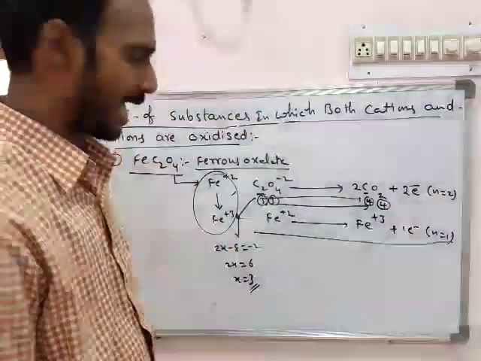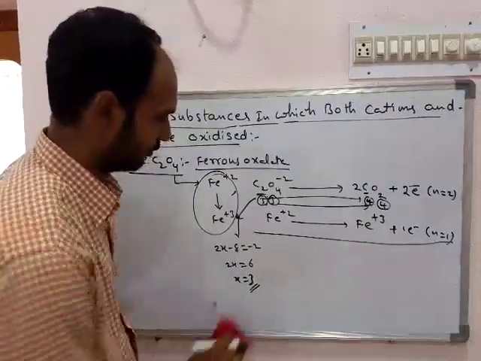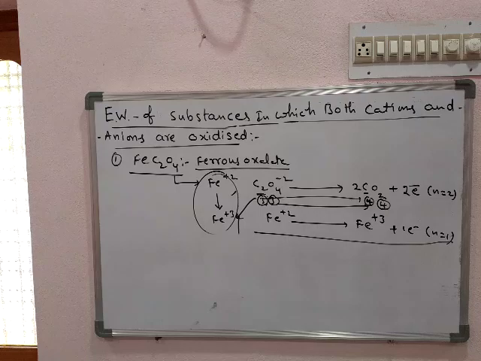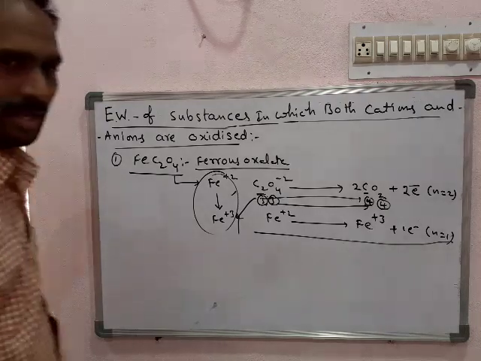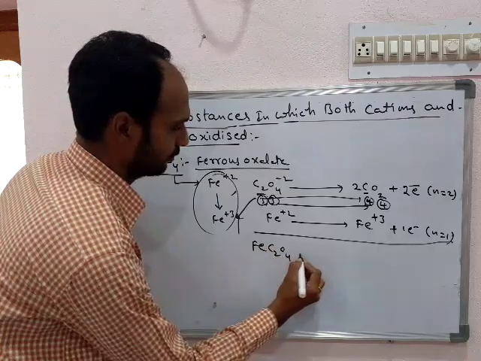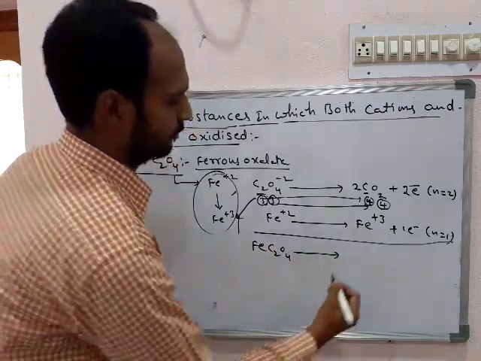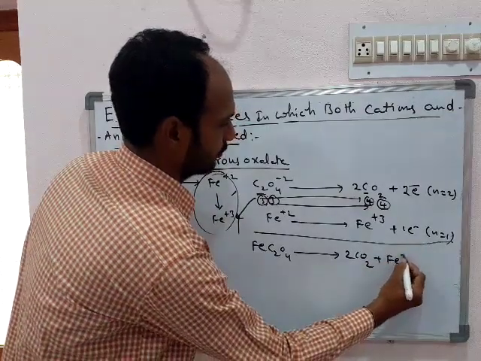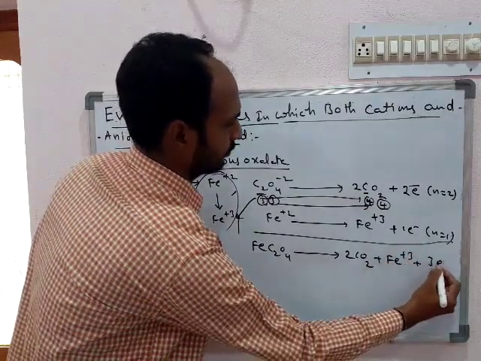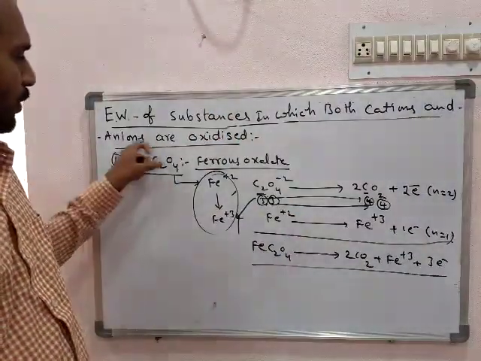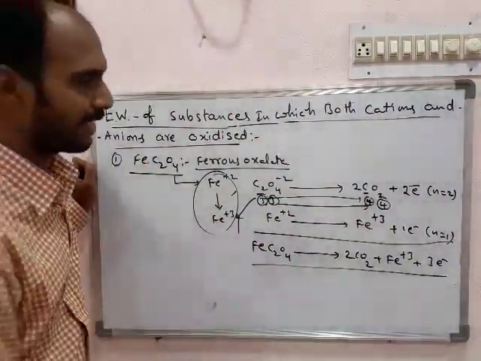So what is the total reaction? Here what is the total change? Three electrons. So for this total change, the n factor is 3.